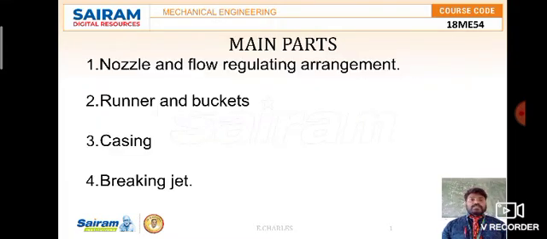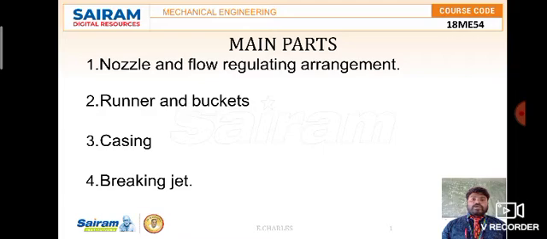Now moving on to the main parts, as I said: there will be a nozzle and flow regulating arrangement. The nozzle is a small orifice through which water flows, and there is a runner and buckets. The runner is a wheel which will have a rotary motion, and on top of the runner a series of buckets are arranged, and there will be a casing which will give a housing effect, which will avoid breakage.